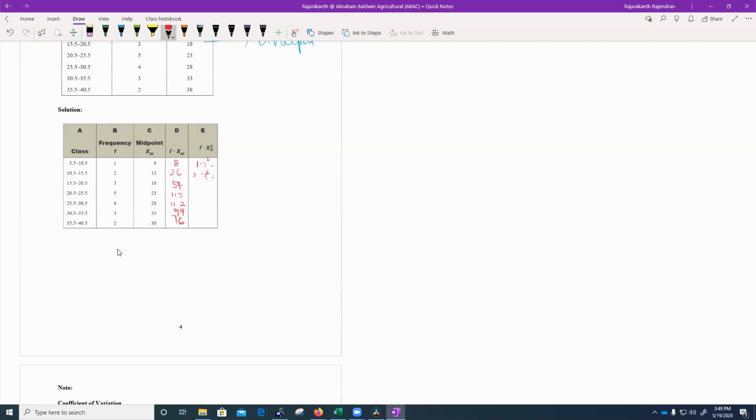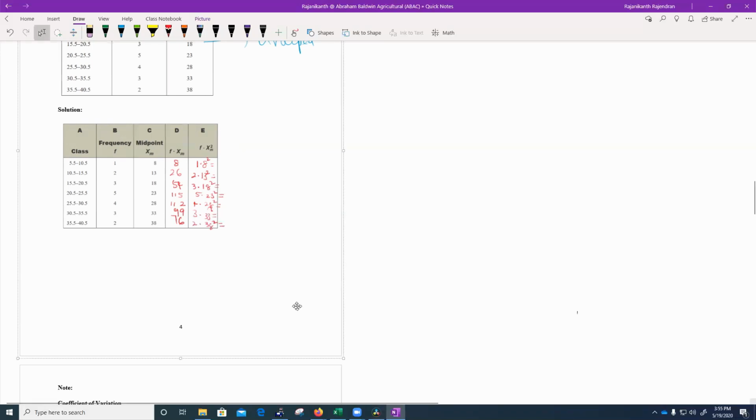Next one is 3 times 18 squared. Next one is 5 times 23 squared. Next one is 4 times 28 squared. Next one, 3 times 33 squared. And the last one is 2 times 38 squared.